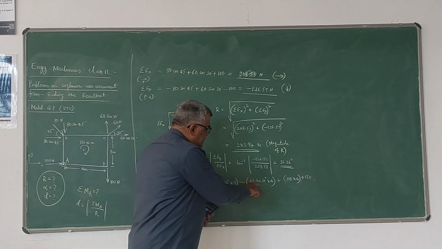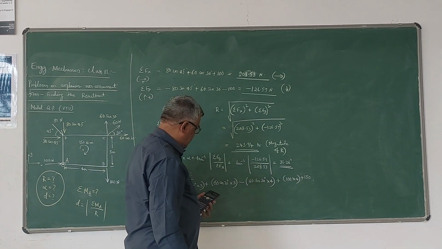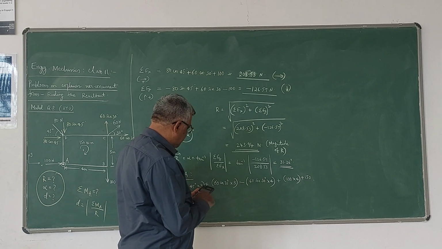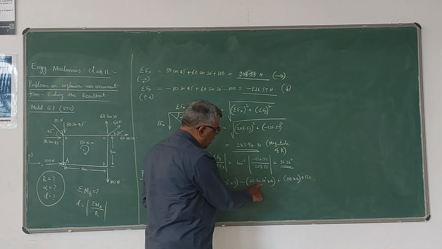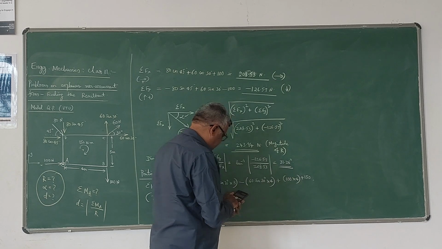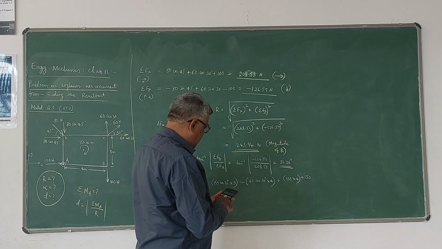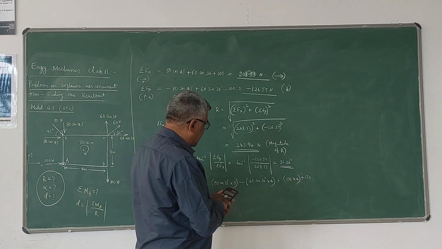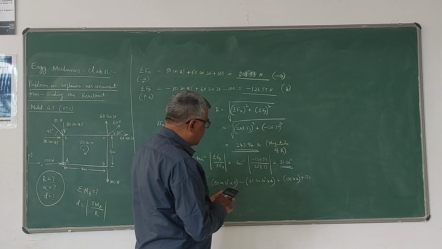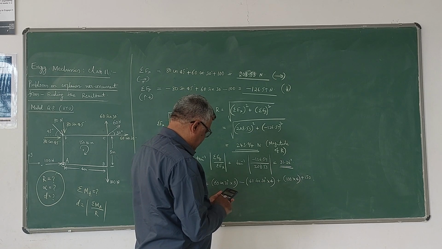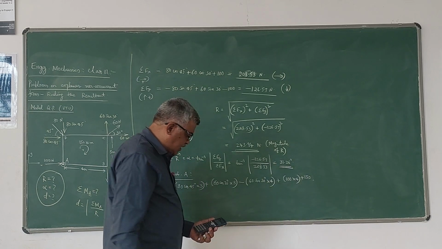Then minus 60 sin 30 into 4. Sin 30 is half, so 30 into 4 becomes 120. Then plus 100 into 4, which is 400, plus 150. So this is the moment.